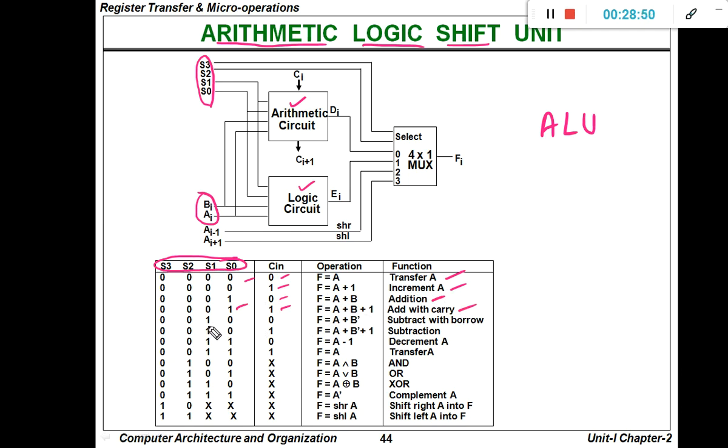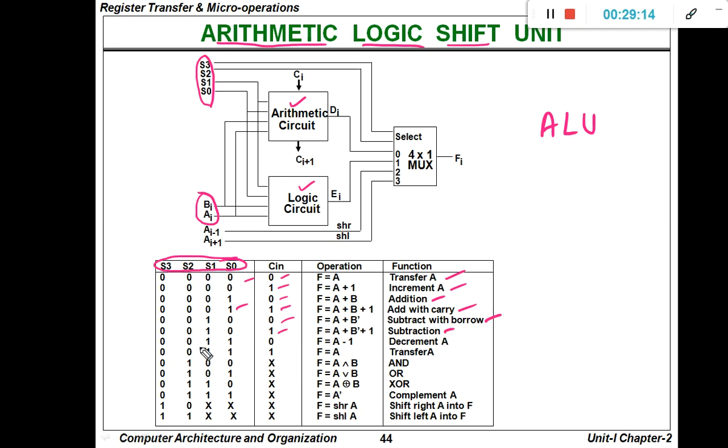Whenever the value is 0, 0, 1, 0 for selection inputs and input carry is 0, the operation to be performed is subtract with borrow. Similarly, whenever the selection inputs are 0, 0, 1, 0 and the input carry is 1, the function to be performed is subtraction.